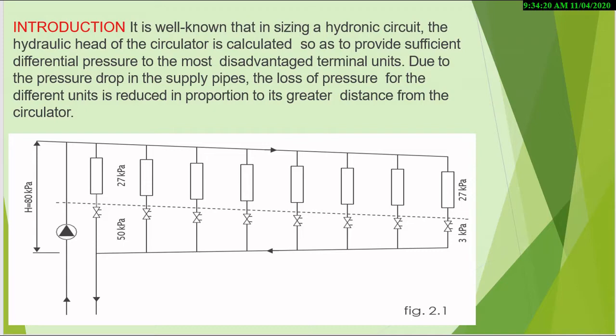Generally, the terminal units closest to the pump operate at an excessive differential pressure, thus risking the generation of an excessive flow rate. These closest terminals are facing a problem because they are closest to the pump, which is the circulator, and thus maybe they are facing the problem of overflow.